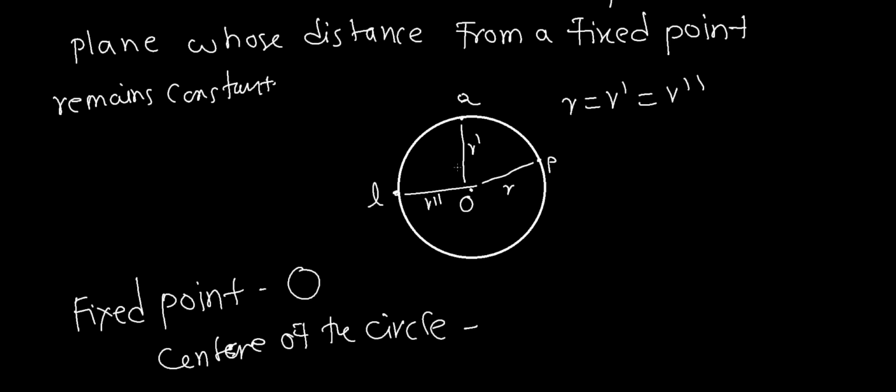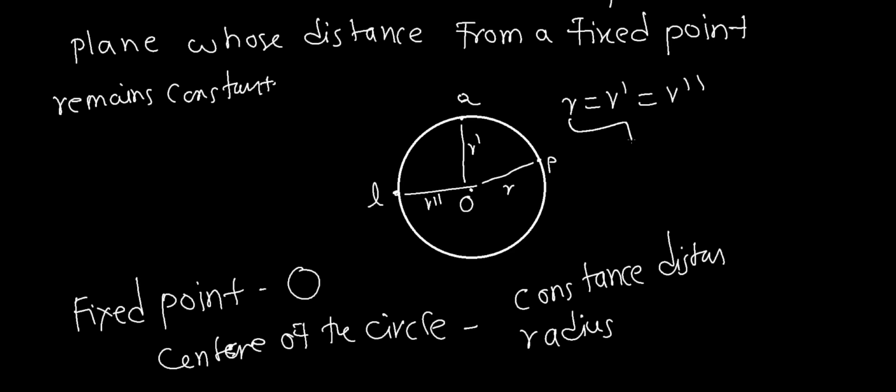That property makes this geometry a circle, because this O is a fixed point, the center of the circle, and the constant distance is called radius. So these are categorized as radius. This is radius, that's why R. This is also radius, but just to show a difference of distance from O to Q, I have written R dash. Same about this OL.